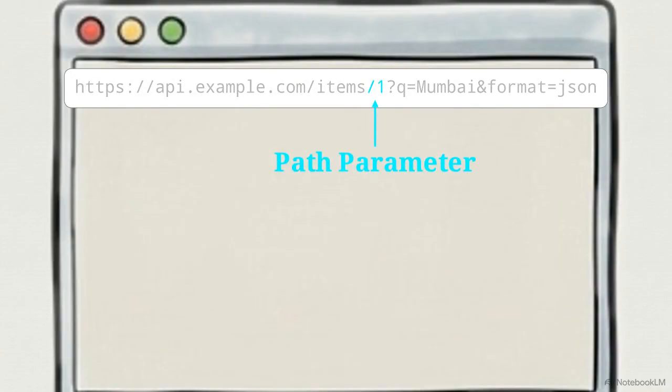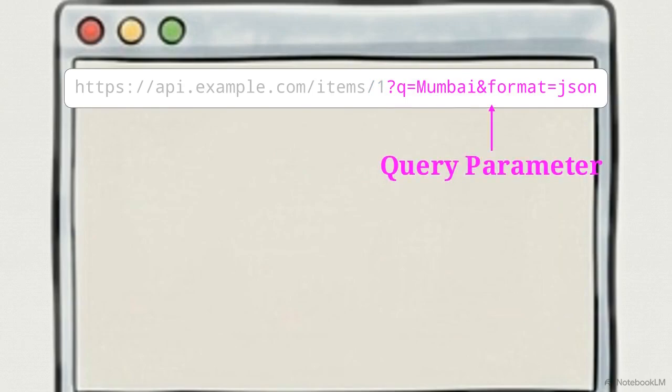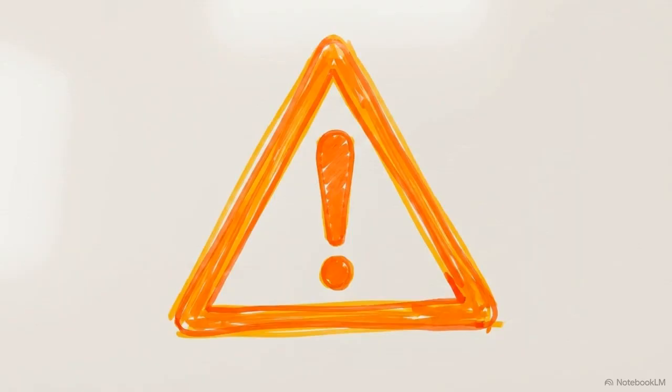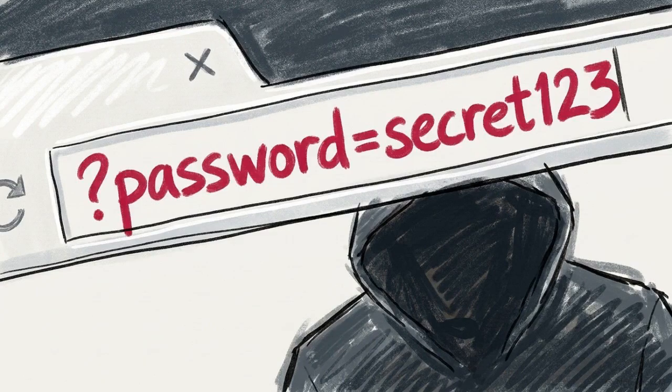This diagram breaks down a GET request URL into two distinct parts for passing parameters. First, we have path parameters separated by slashes, which act as a direct structural path to a specific resource. Second, we have query parameters appended after a question mark, which act as specific filters applied to the data you are requesting.